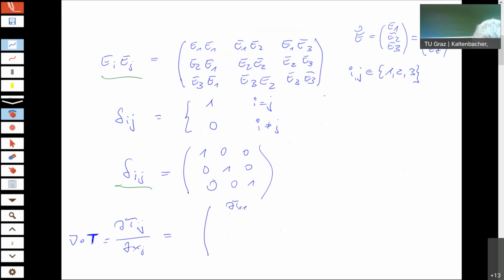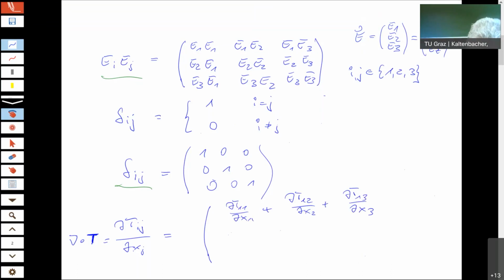∂t_{1,1}/∂x1 plus ∂t_{1,2}/∂x2 plus ∂t_{1,3}/∂x3. Again, j in this sense is going from 1 to 3, and we fix i to be 1 for the first entry of our vector.